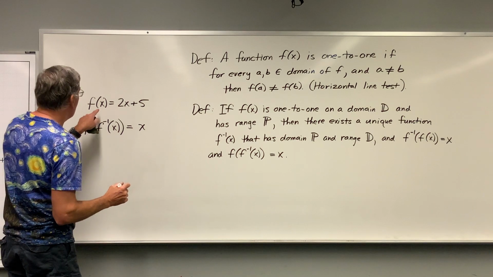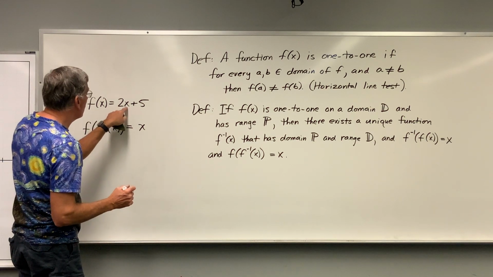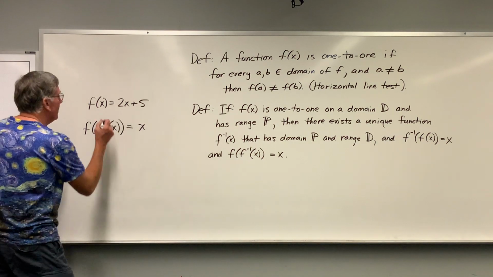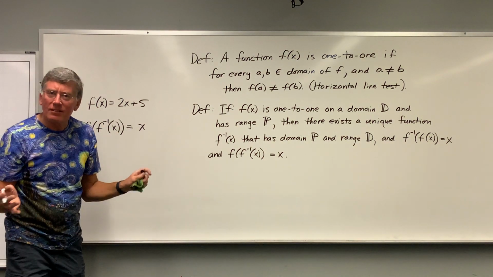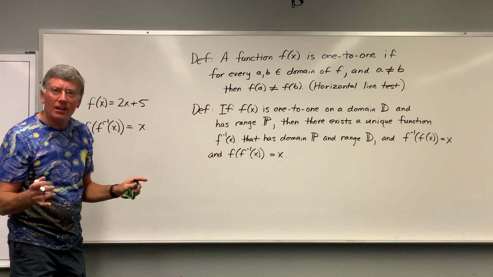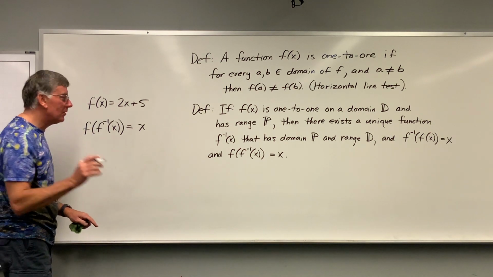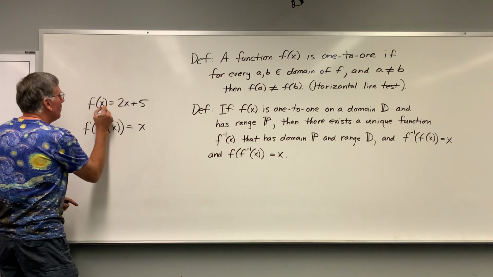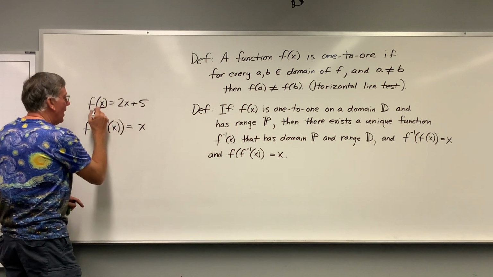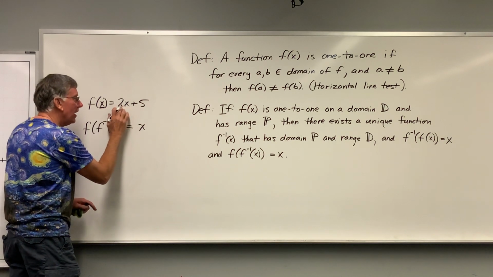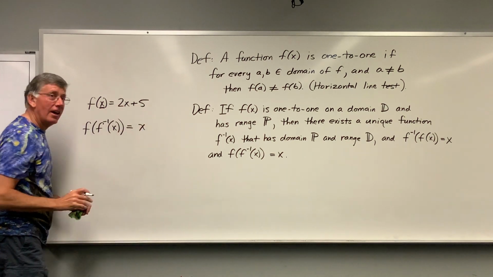But f of x tells me to put this in, this is my slot. That's the whole reason I talked about slots at the beginning of our foray into functions, because I wanted to be able to do this. Here's my slot. F says take whatever's in this slot, multiply it times 2 and add 5.